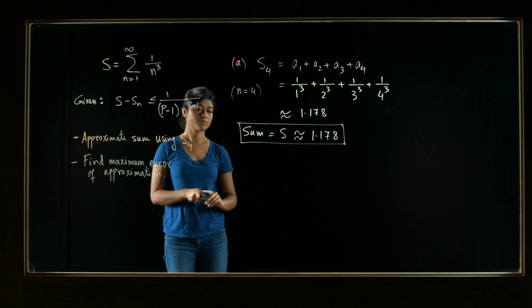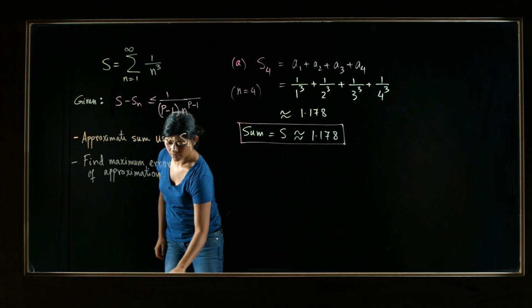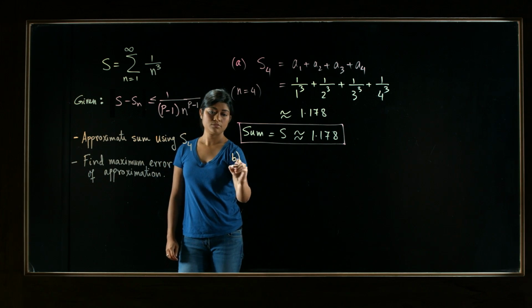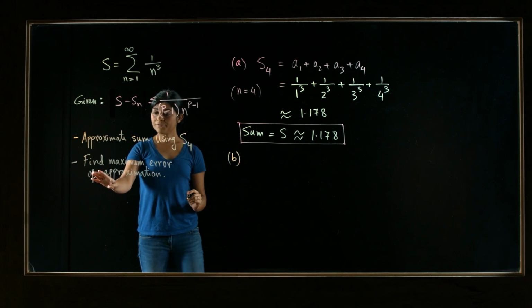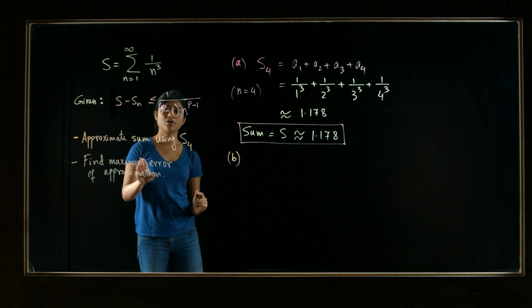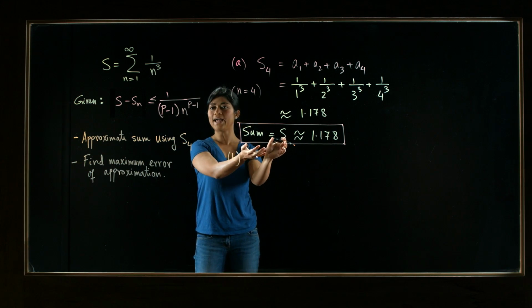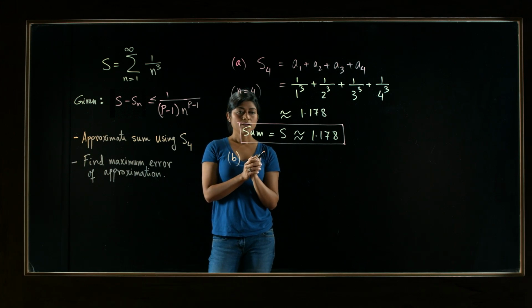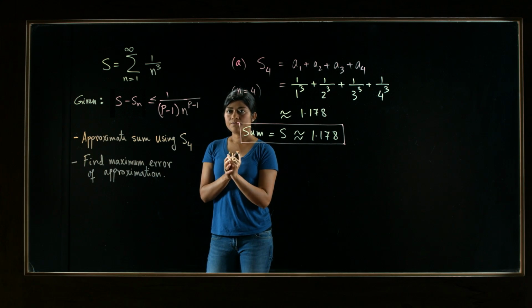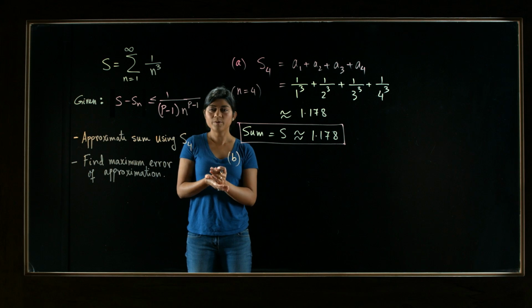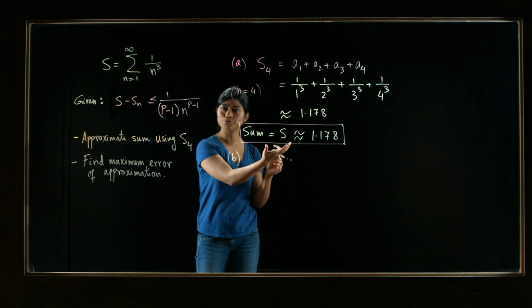Okay. Now for part B, we have to find the maximum error of approximation. This is an approximate value, and we don't know what the actual sum is. So how do we find the error? Remember, error is the difference between the two, right?